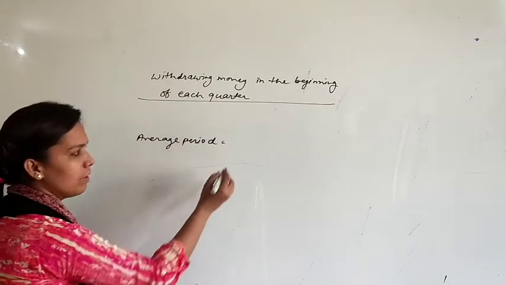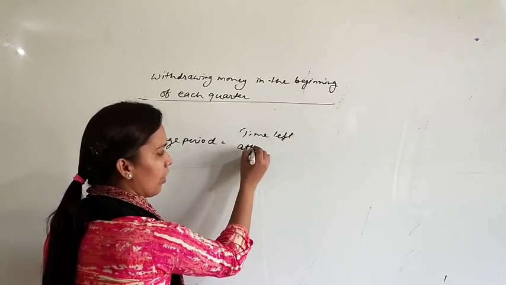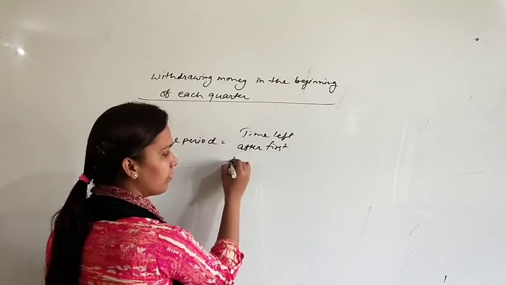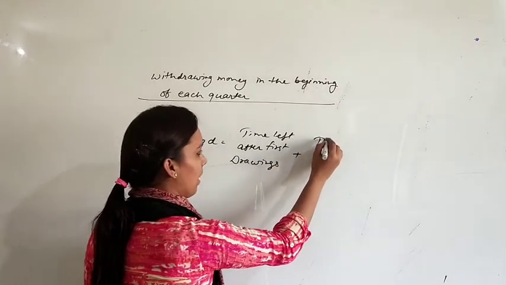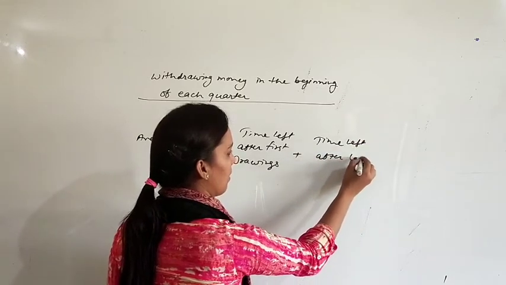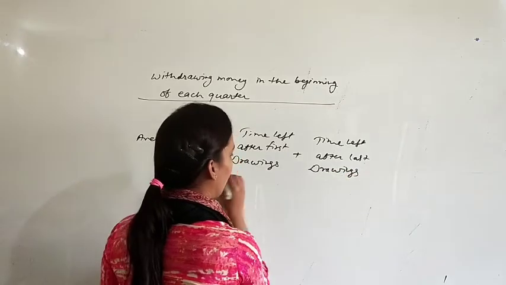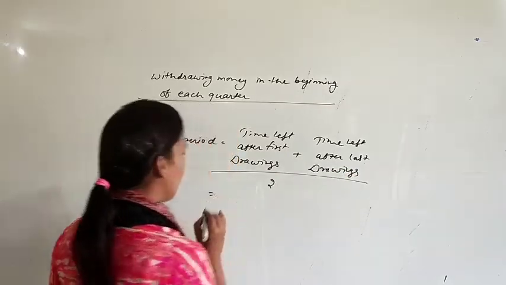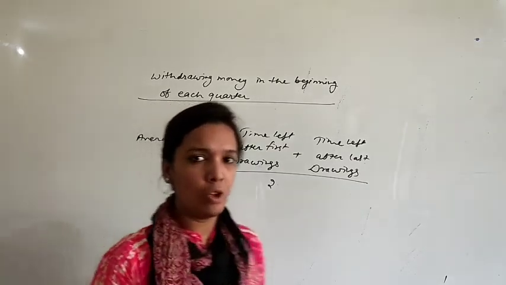The formula of average period is the time left after first drawing plus time left after last drawing, divided by 2. Yes, you are withdrawing money in the beginning of each quarter.